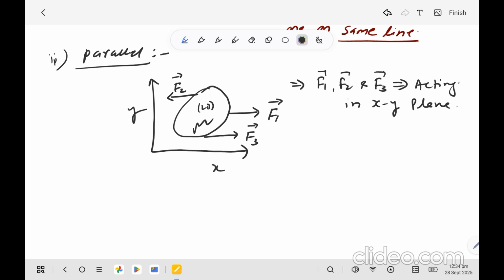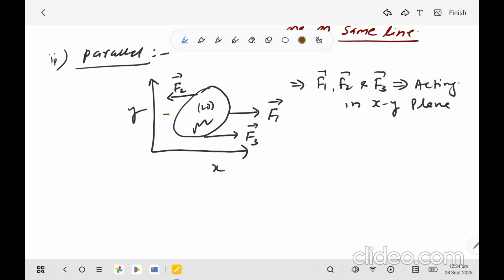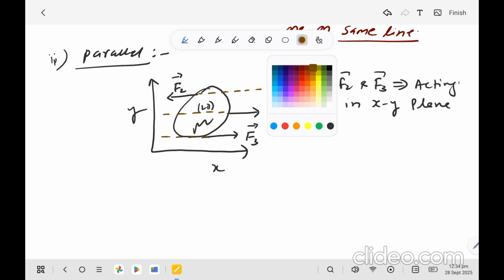Now if we draw the line of action of these forces, so line of action of this force, this force, and this force, we observe that the lines of action of these forces are parallel to each other.